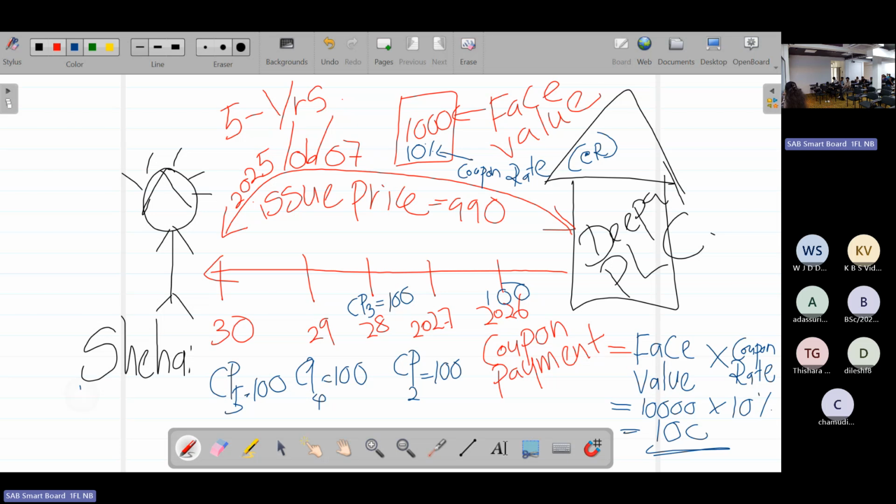Right? At the end of the fifth year, on the respective date, Shehan goes to the company and asks for the funds. So the company needs to settle the redemption price. On which day?